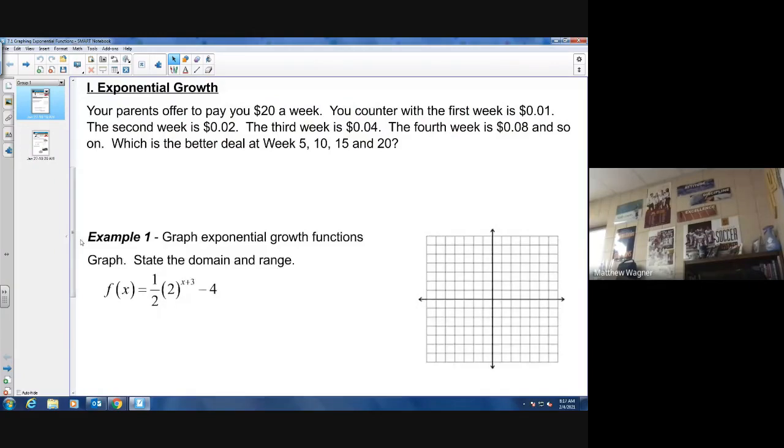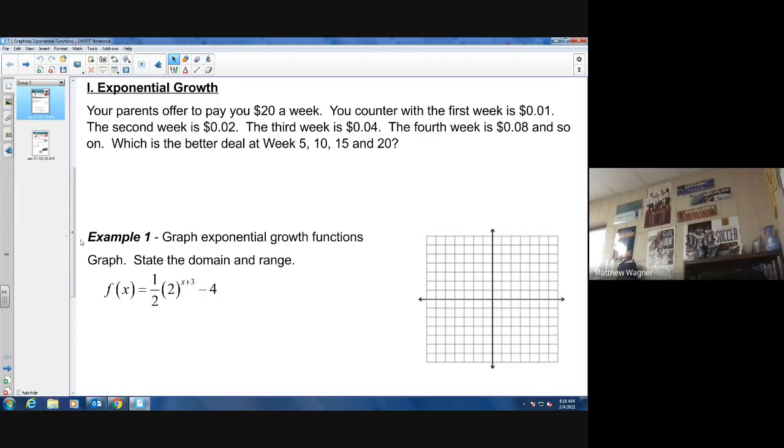So how I like to start this unit out is just looking at this example. Some of you probably have seen it before. Your parents offer to pay you 20 bucks a week. Yes, please. I will take that. Then you say, you know what, Mom, Dad, that's kind of a lot of money.